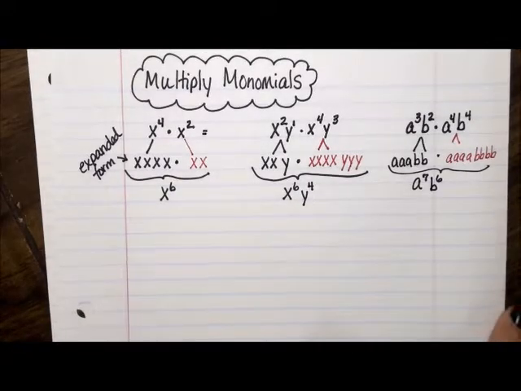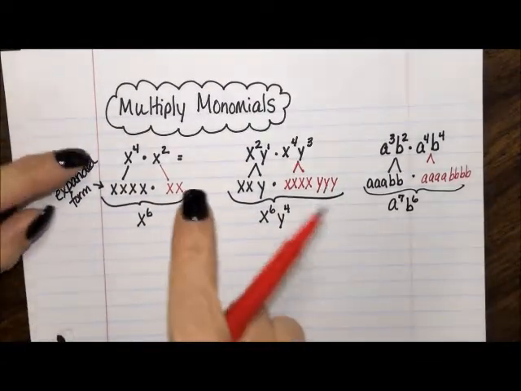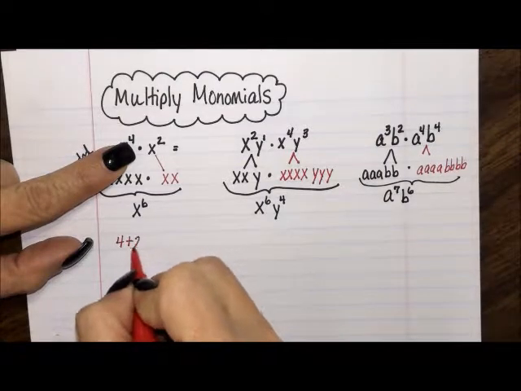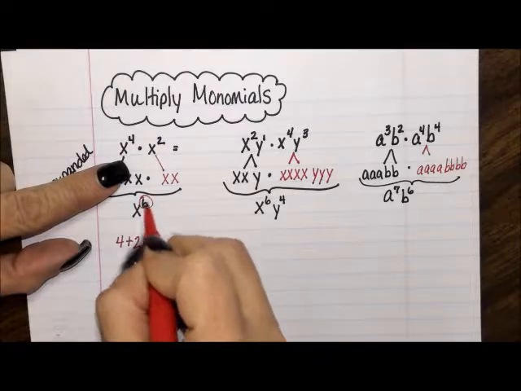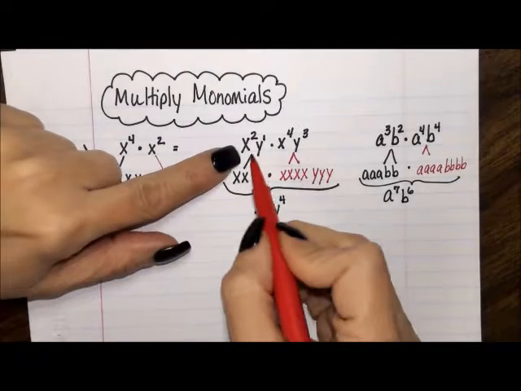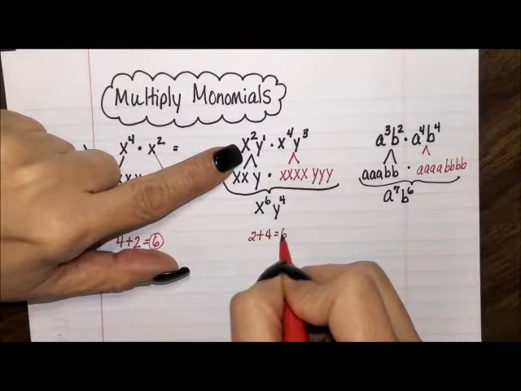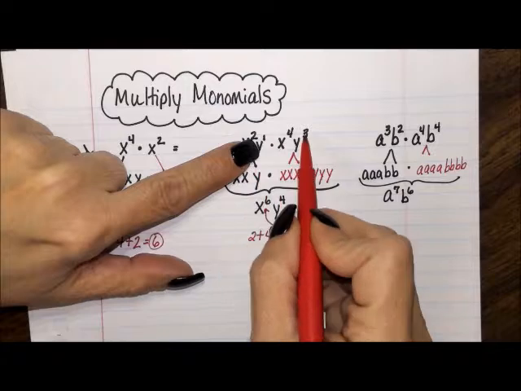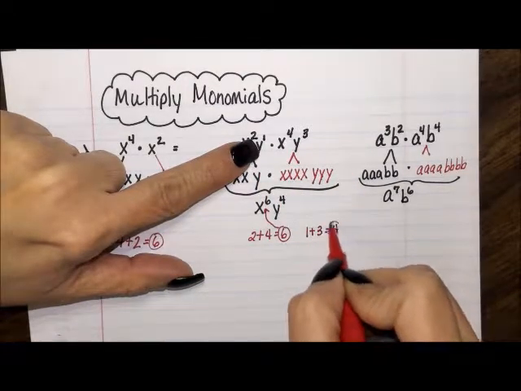So as you looked at that, did you come up with anything? Well, let me help you out. What is 4 plus 2? Oh, it's 6. Look at that. Well, on this one, on the x's, what is 2 plus 4? Oh, it's 6. And look at that right there. 1 plus 3 is 4.